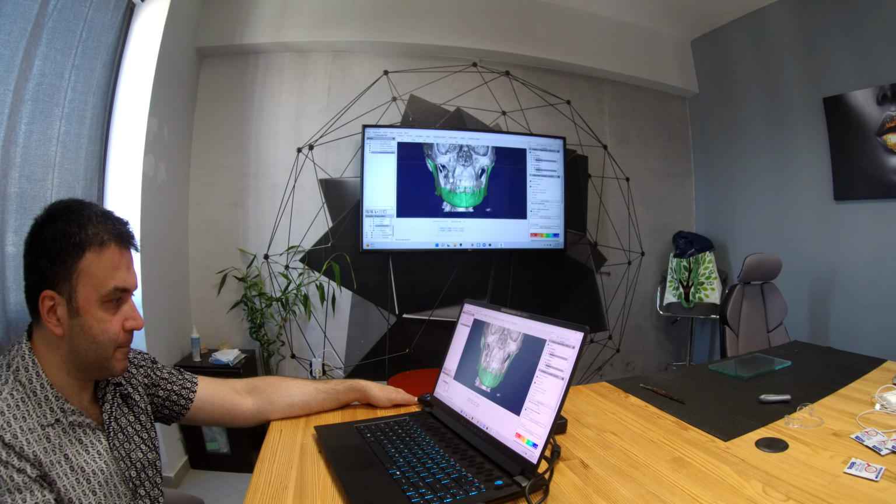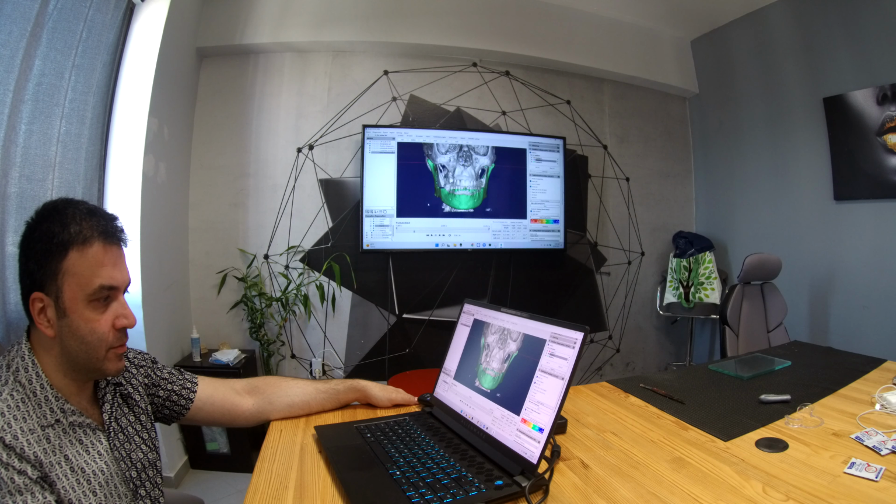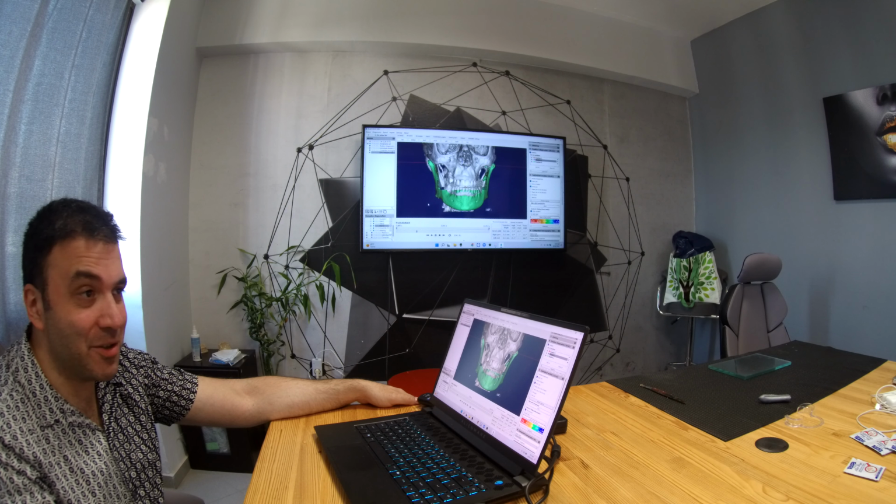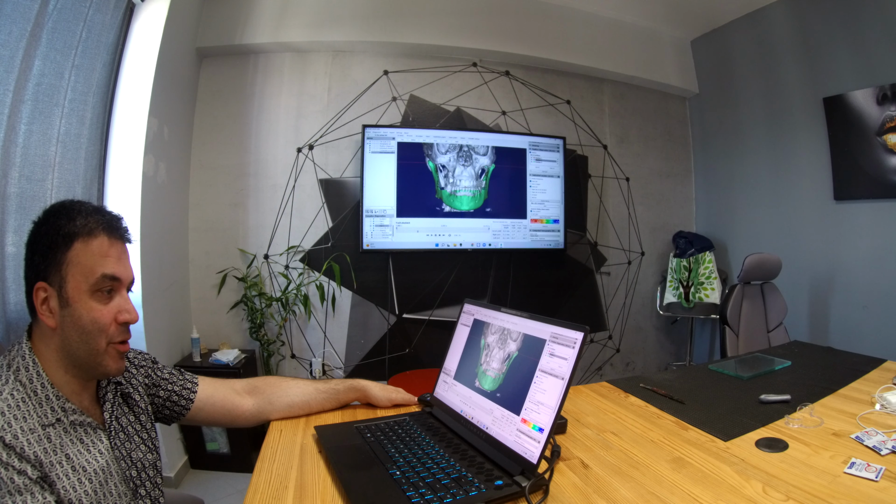It looks strange because you see the coronoid process was not part of the jaw, but for us what's important is the condyles.